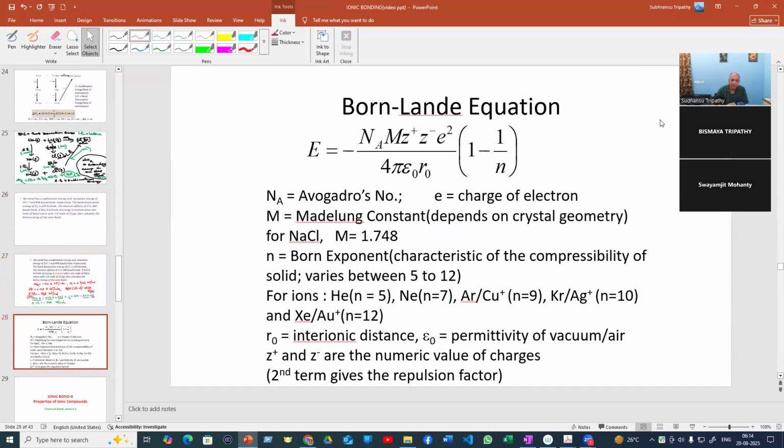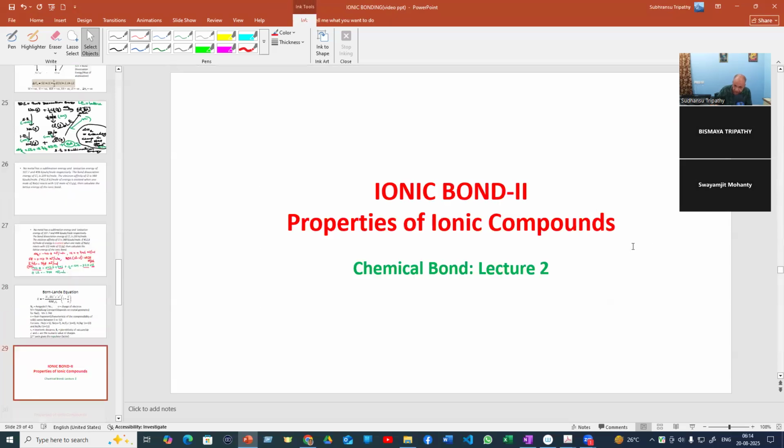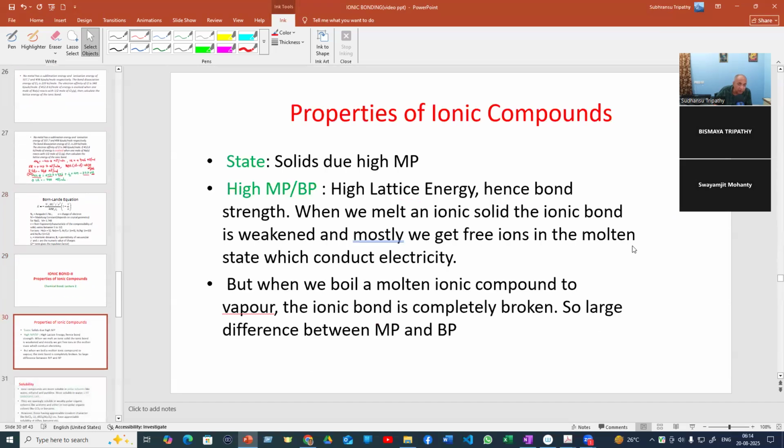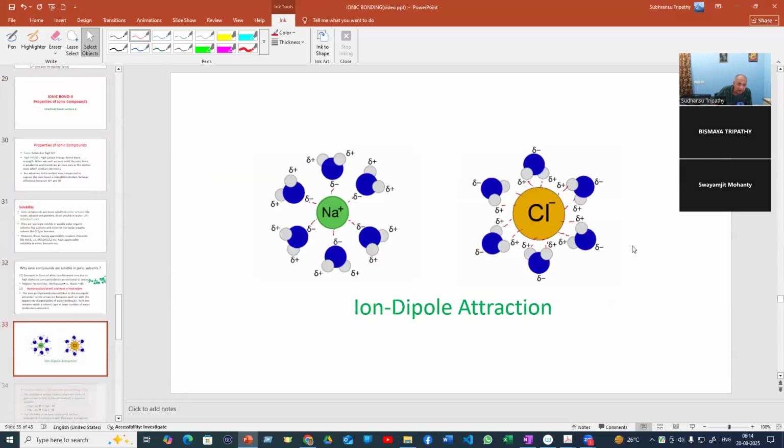This is another way to find the bond energy of ionic bond, taking permittivity of the medium and interionic distance, and this is not required. Then next time we'll talk about the properties of ionic compounds. That is a small part.